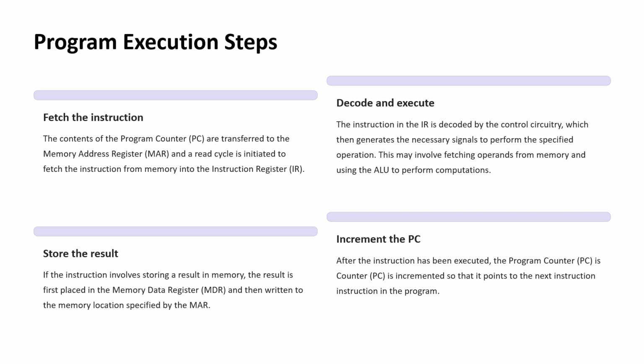Execute. The ALU performs the operation. Store. The result is written back to memory or a register. Finally, the program counter increments to point to the next instruction. This illustrates the instruction cycle that happens millions of times per second in modern CPUs.